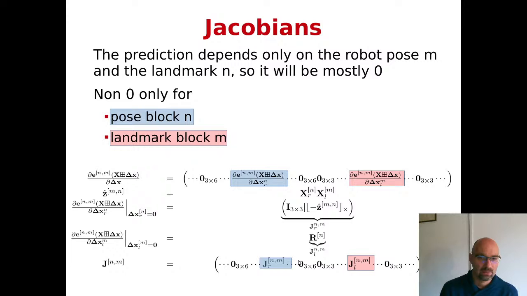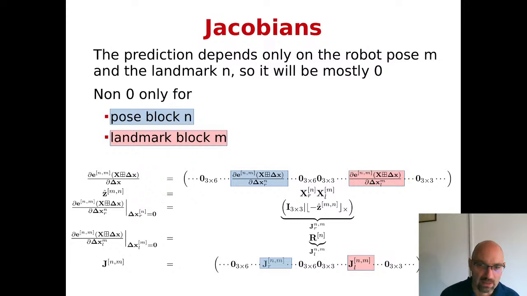In particular, if you do the calculations, and I invite you to do it, the derivative of the error function of the projection of the mapping of a landmark in the robot position with respect to the robot position is obviously the Jacobian of ICP. Therefore, we put here z hat mn. This z hat mn takes the role of the p prime in the derivation of ICP.